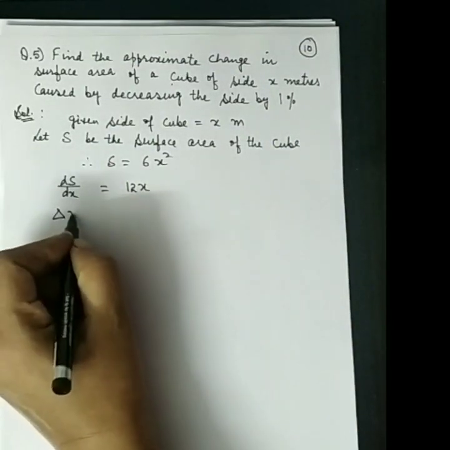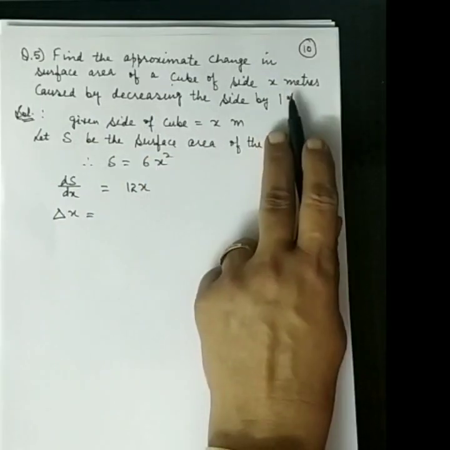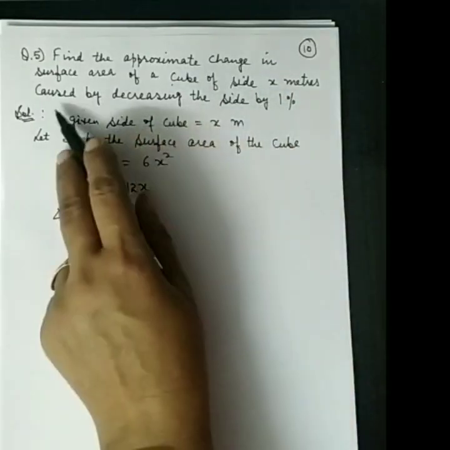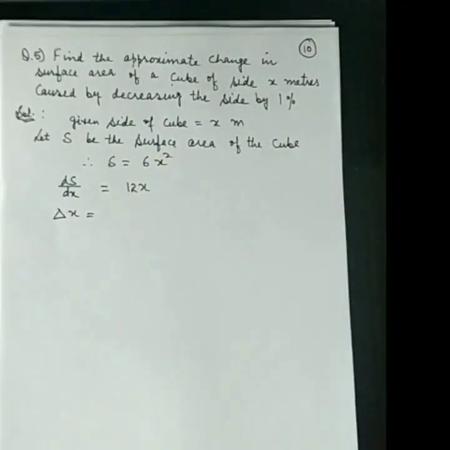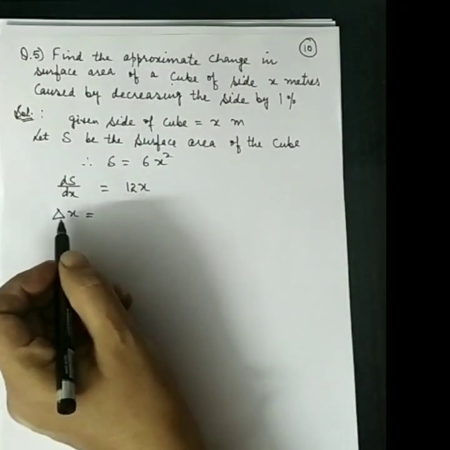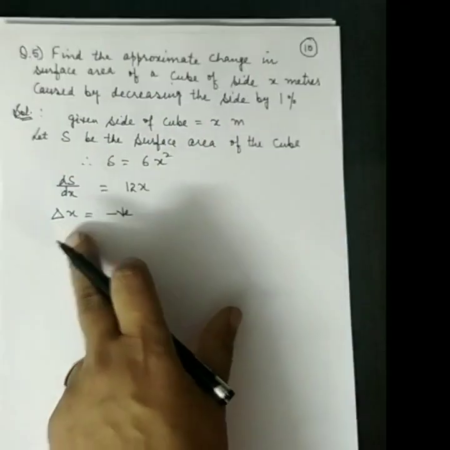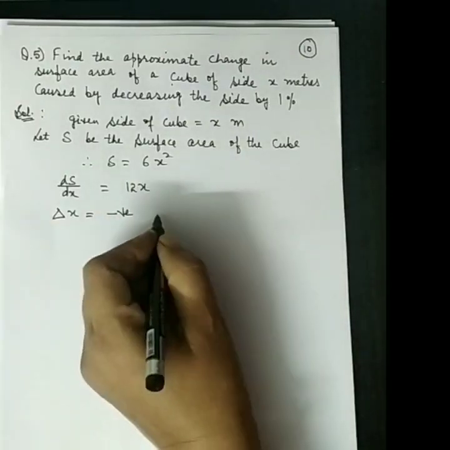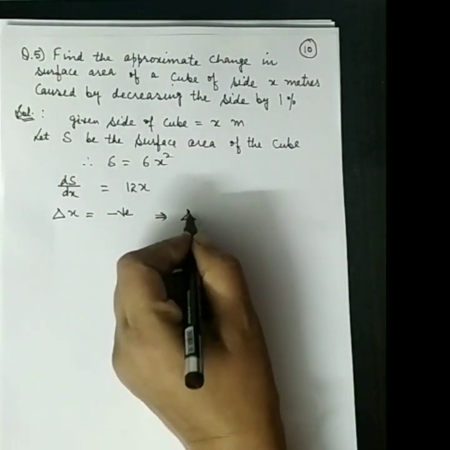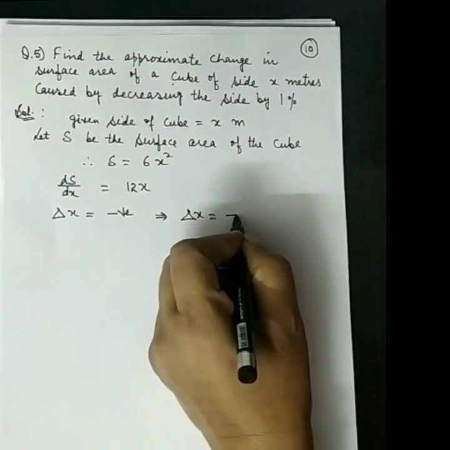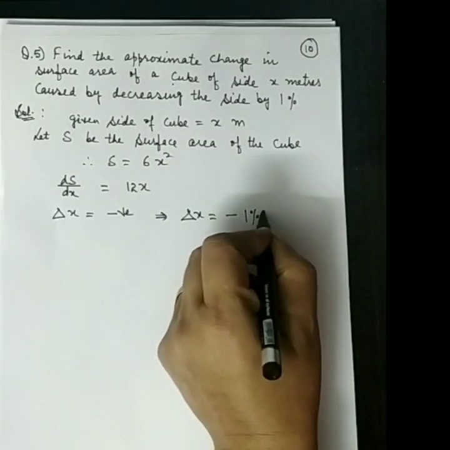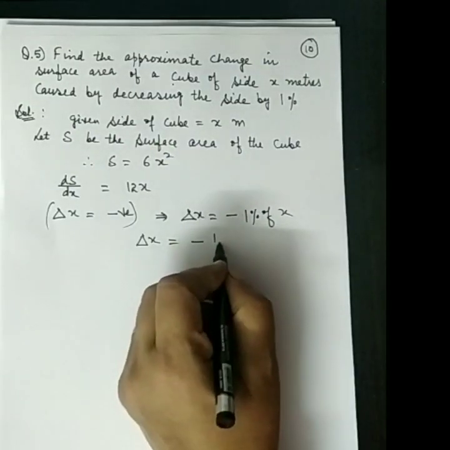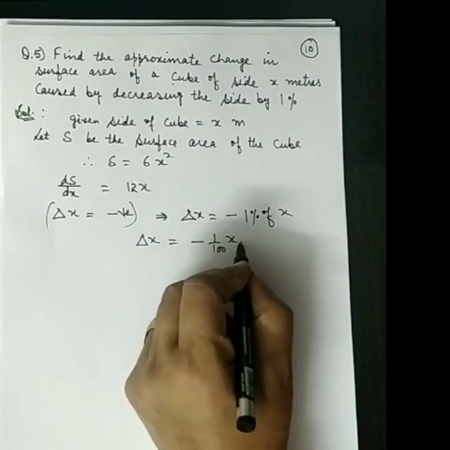Now delta x is side x meter caused by decreasing the side. So children, due to decreasing, the sign will be negative. So delta x is equal to minus 1% of x. It is minus 1 upon 100 into x.